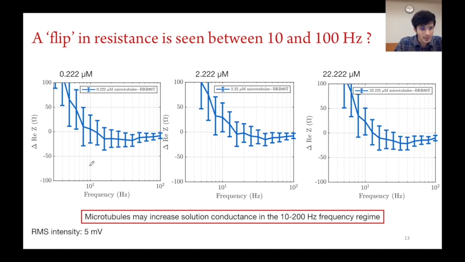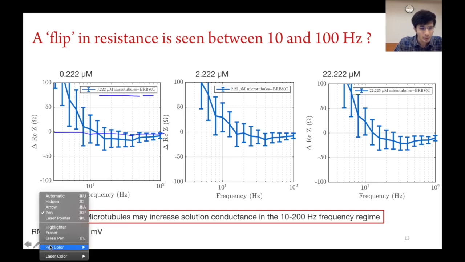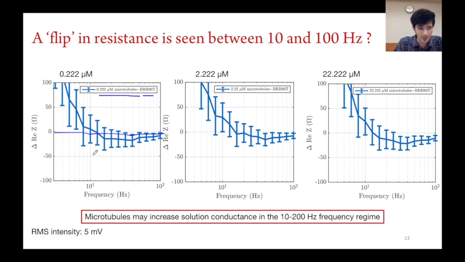You see, within this range, the delta Z is actually negative. So the value of microtubules minus buffer is actually negative, which means microtubules were actually reducing the resistance in this regime.